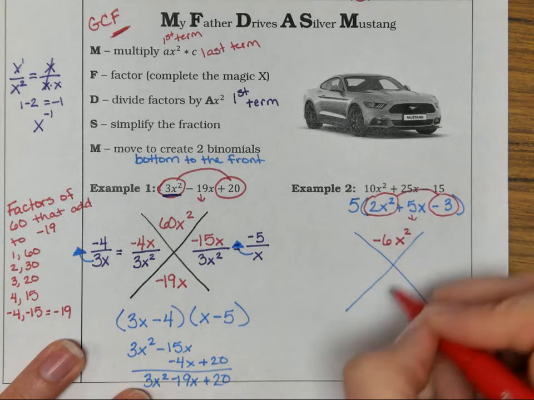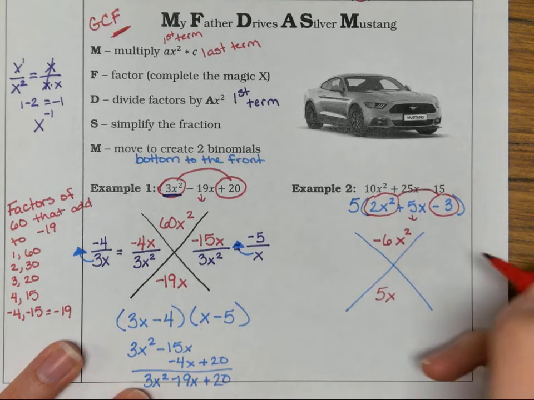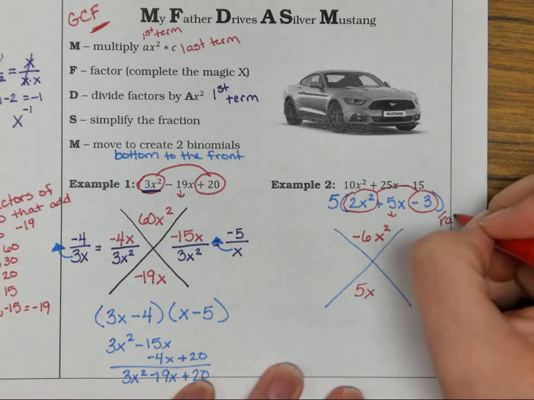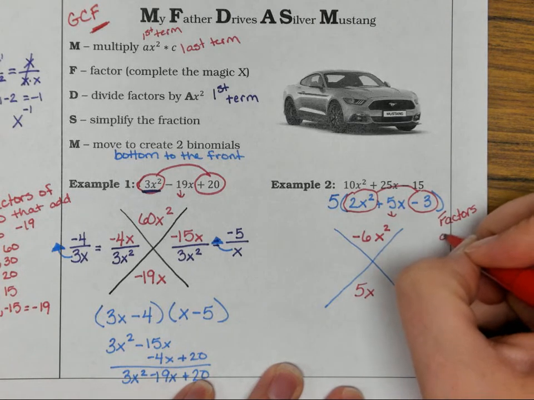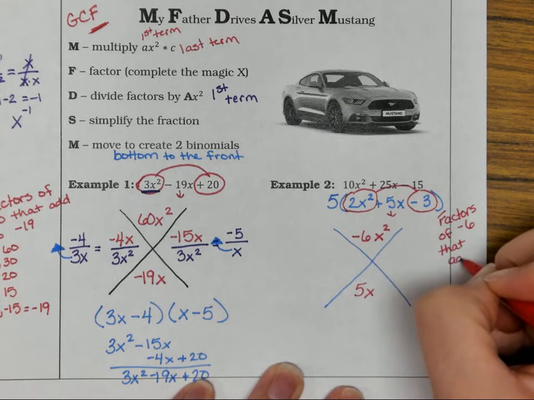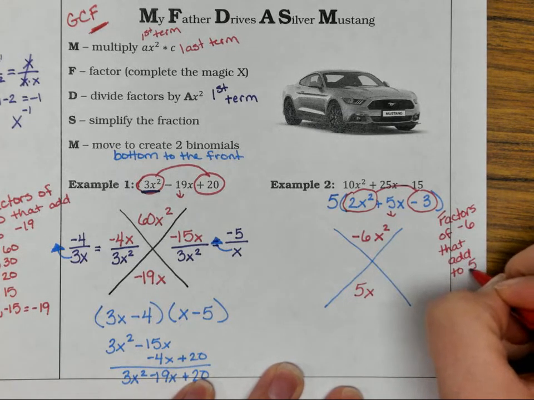And then the 5x goes to the bottom. So here I'm finding factors of negative 6 that add to 5.